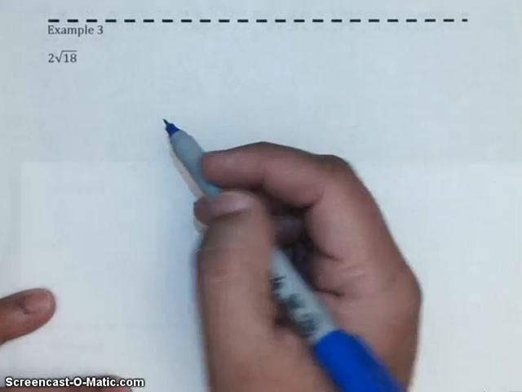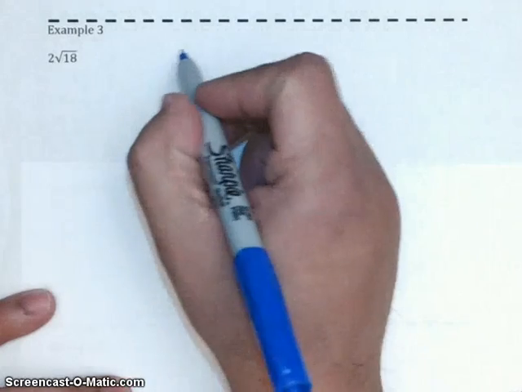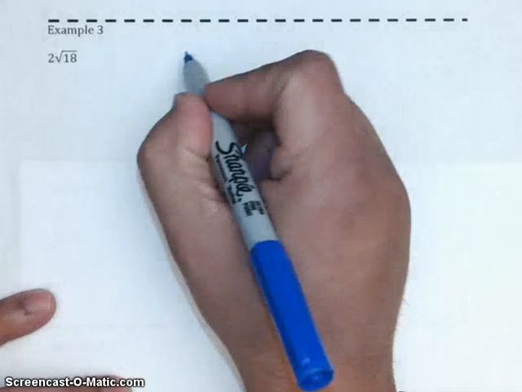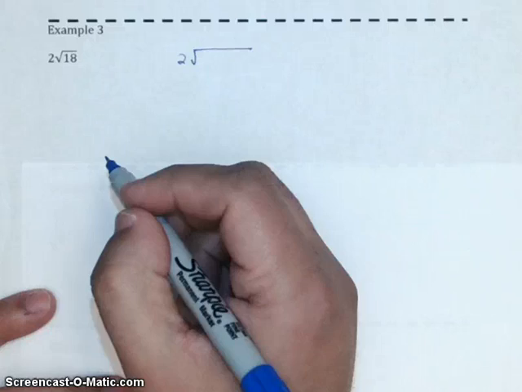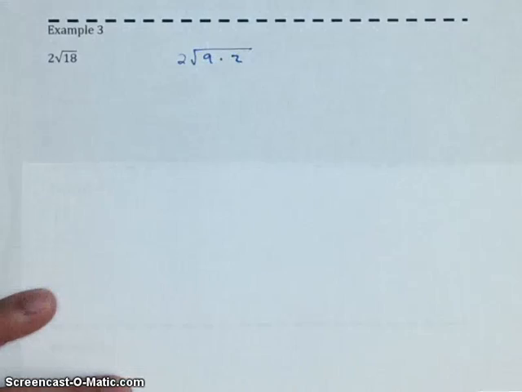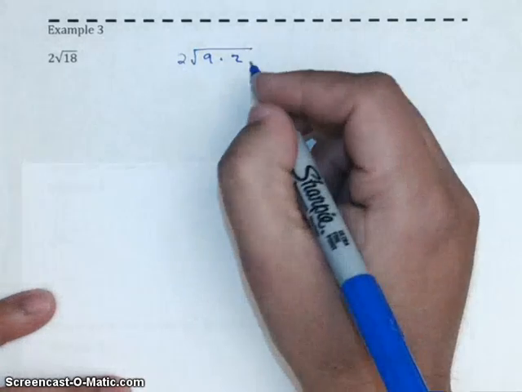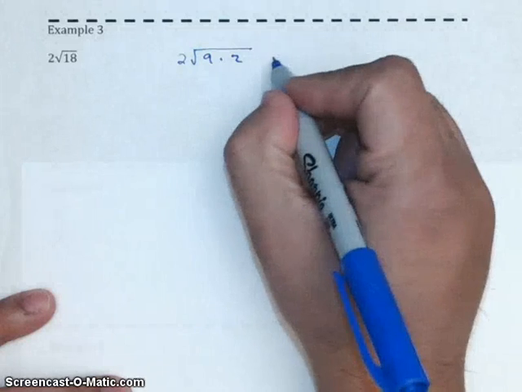Next I'm going to show you one where there is a number already outside the square root, and we're going to factor this. Again, I'm going to break down this 18 into two factors. In this case, 9 times 2. Remember, 9 is a perfect square.